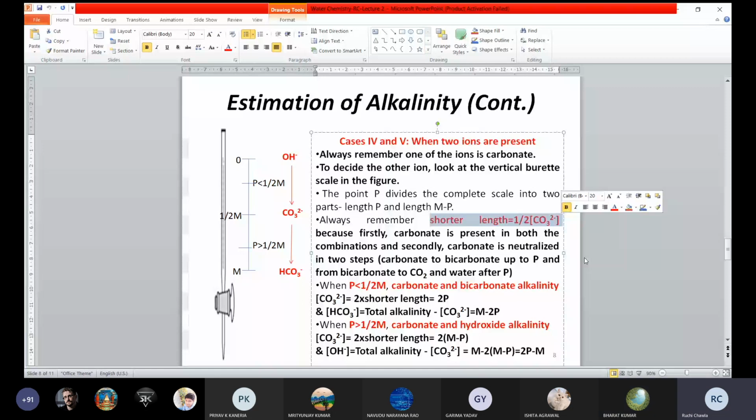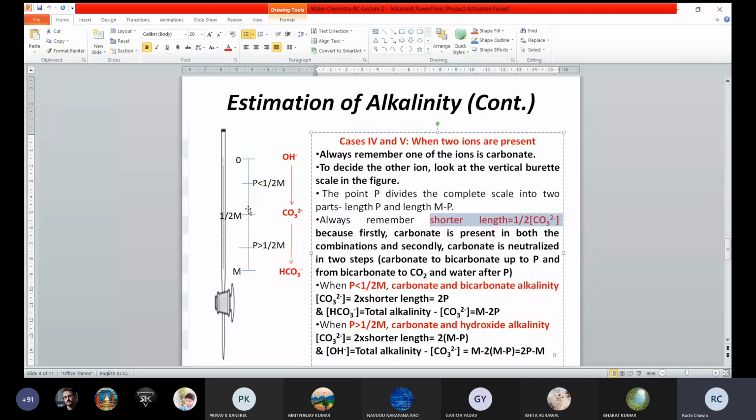So if you are agreeing, what did I say? I was saying that this is the shorter length, 0 to P. So 0 to P is half carbonate, the volume of acid that will be used for the neutralization of half carbonate. And the remaining half will be used after P. So the same length will be somewhere here, and you will be left with some volume after the carbonate neutralization is complete.